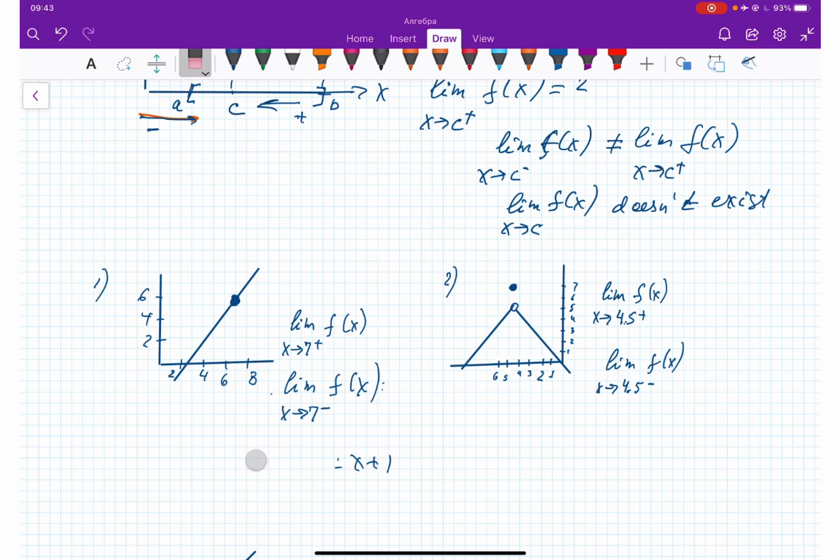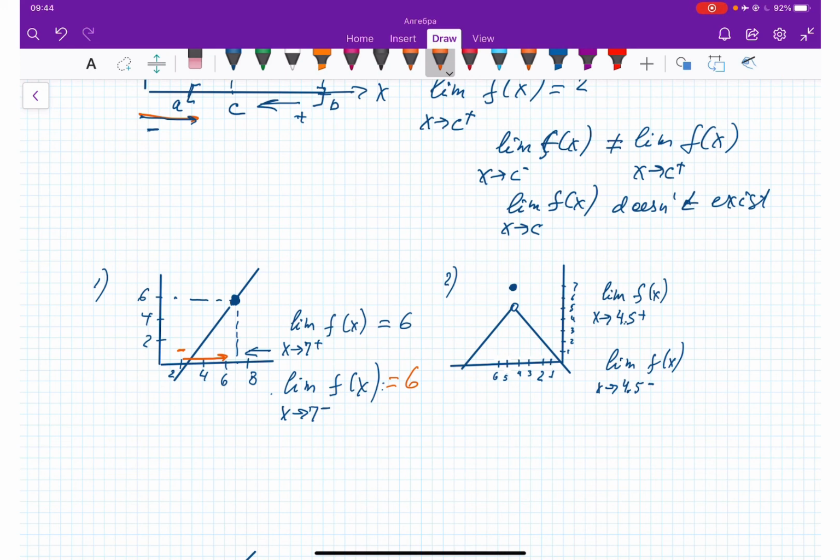All right, so this is at point 7. When x approaches 7 from the positive side, it's going to be equal to 6, right? When x is approaching 7 from the negative side, it's going to be still equal to 6. Yes? So since the limits are equal, and how about at the point of f of 7?